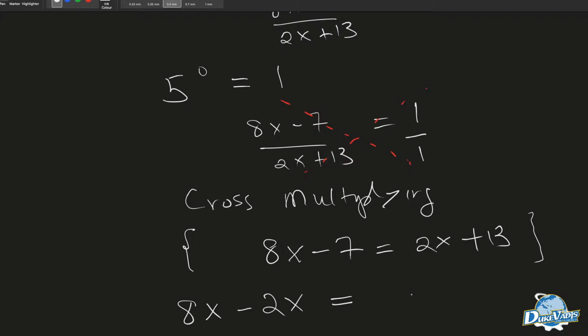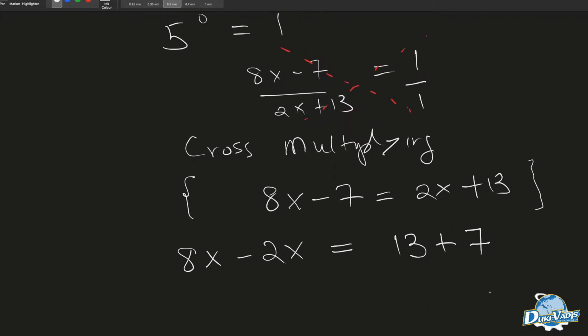And over here, I'm going to get 13 plus 7. So I've grouped the like terms. What I did to the 7 was I added 7 to both sides. Now, we see that 8x minus 2x will give us 6x. Friends? And 13 plus 7 will be 20.